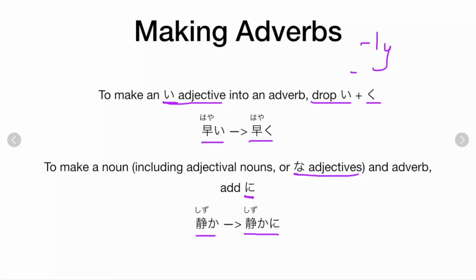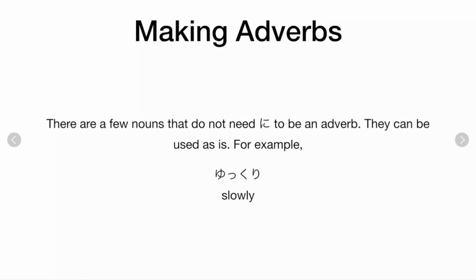So I'm going to use this -ly to notate that we've modified an adjective into its adverb form. There are some nouns which are basically always adverbs rather than adjectives. And so those are allowed to be used as is. You don't need ni at the end. So those would be words like yukkuri, which means slowly. So you don't need to say yukkuri ni, you can just say yukkuri.